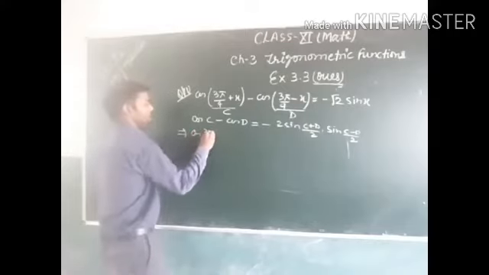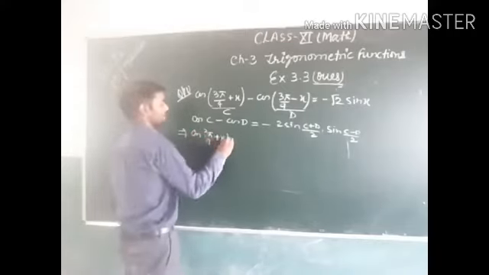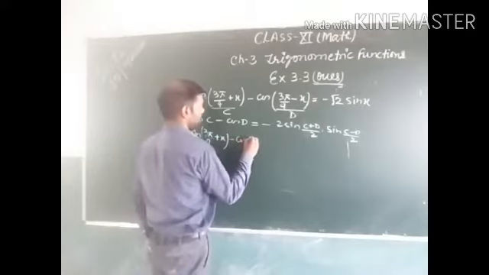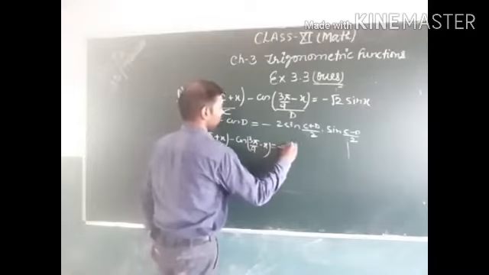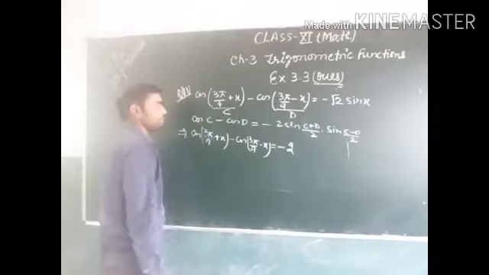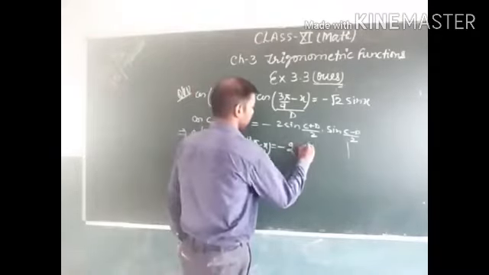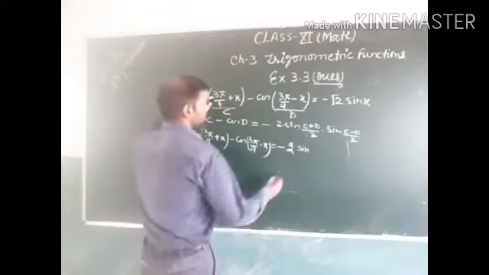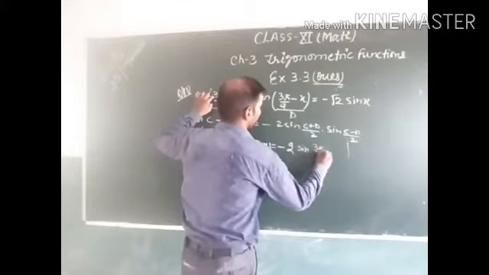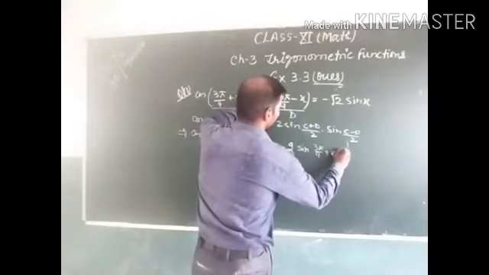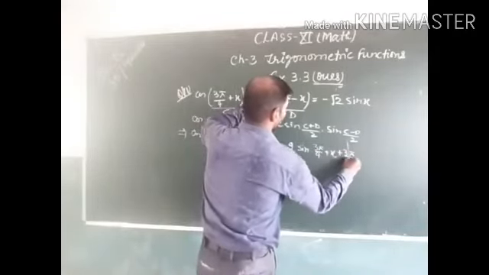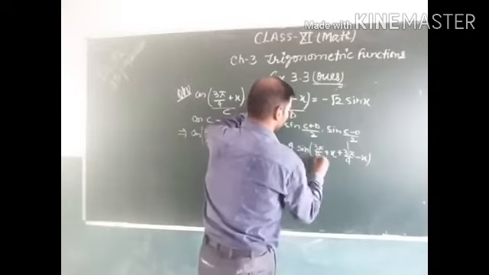Cos 3 pi by 4 plus x minus cos 3 pi by 4 minus x is equal to minus 2 sin of C plus D by 2, where C plus D is 3 pi by 4 plus x plus 3 pi by 4 minus x, by 2.